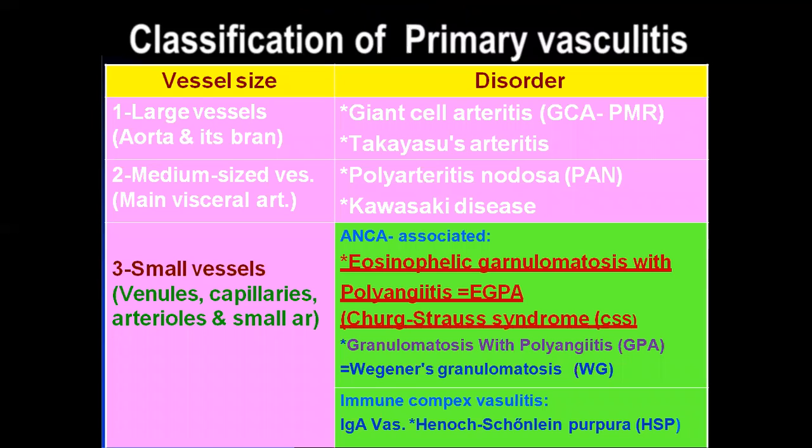Now in this, we have ANCA, that is anti-neutrophilic cytoplasmic antibody associated diseases, where the very first one, EGPA, eosinophilic granulomatosis with polyangiitis, is known as Churg-Strauss syndrome. We'll start with this.